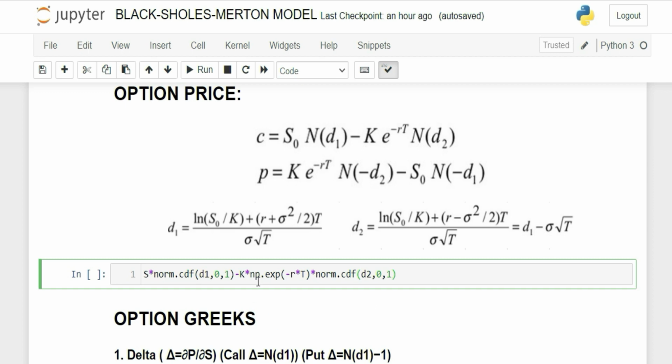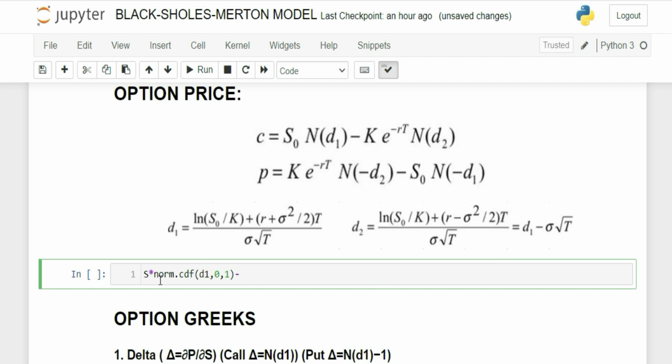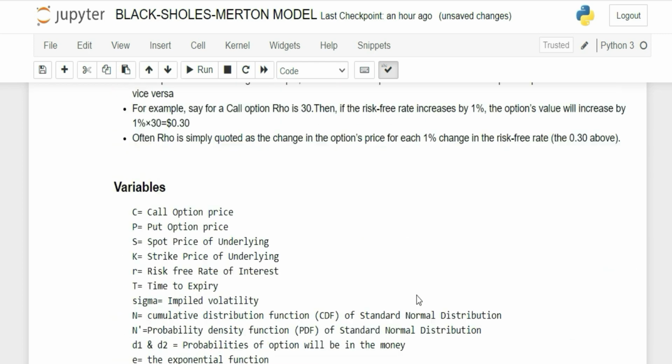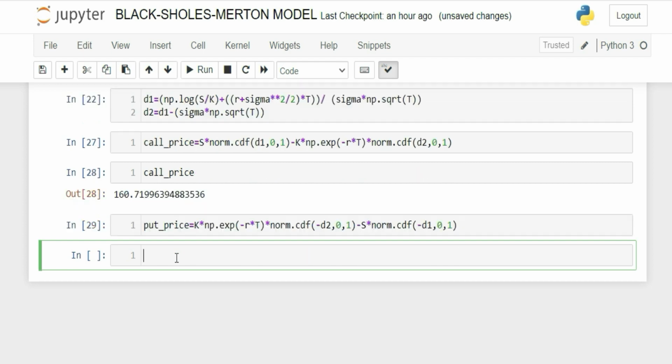So K e to the power minus RT into norm of minus D2, minus S0 into norm of minus D1, this one. So this is your put price. So put price is equal to this. All right, so what is my put price?